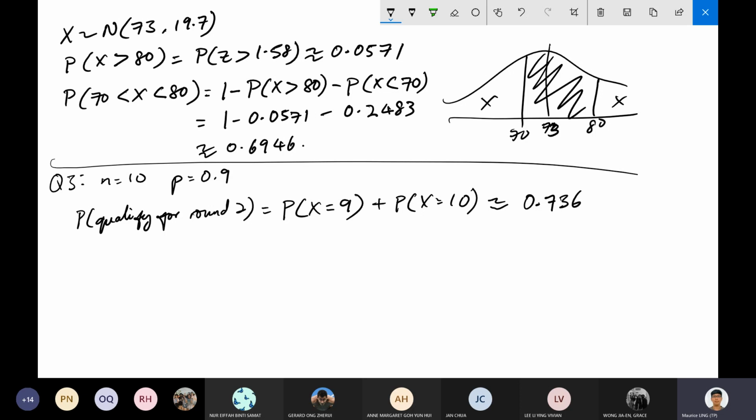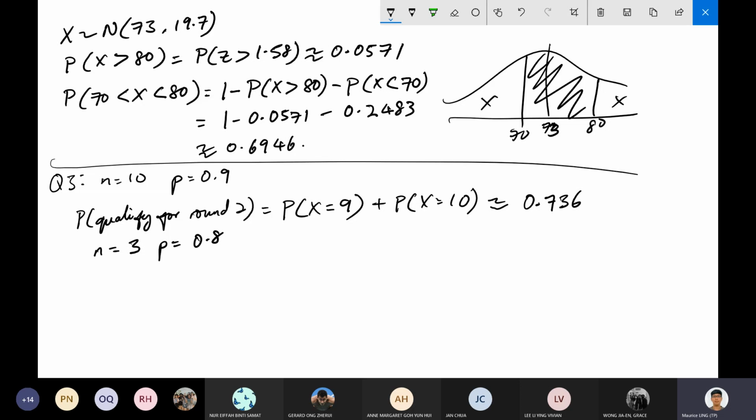Now, for the second round of interview, you have 3 candidates, but all of them need to pass. The passing rate for each interviewer is 0.8 now.